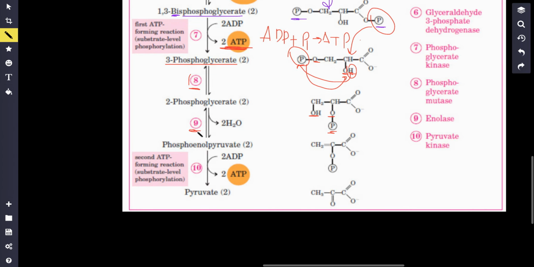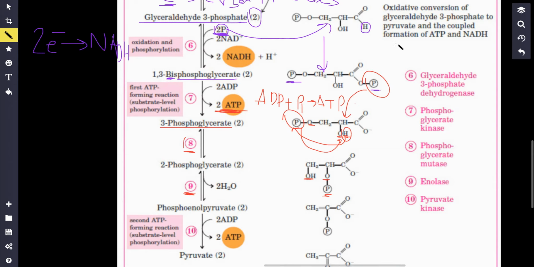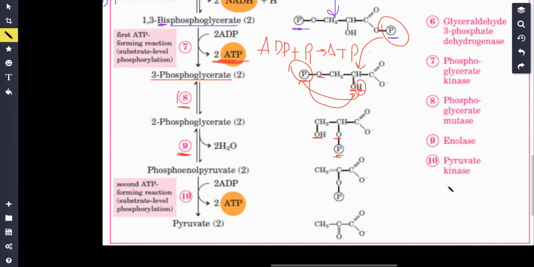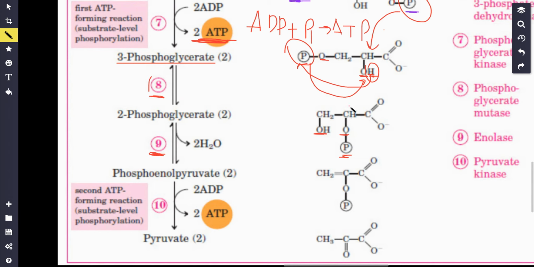Now we are on step 9, and once again, it's pretty good to pay attention to all of the enzymes that are involved in this reaction. Step 9 occurs when I take this hydrogen and this OH out.